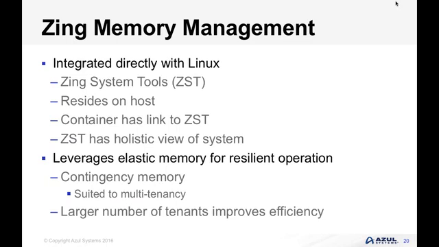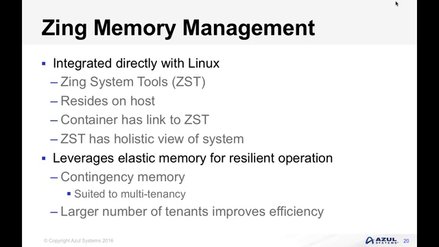What that allows us to do is to have a holistic view of the system from the point of view of memory. Our ZST will be able to see all of the different containers and their memory usage, and we'll be able to optimize things for the containers so that we can manage things and allocate memory as it's required to those containers. It also has the idea of elastic memory, and this is very much based on how we can have more resilience to increased load.